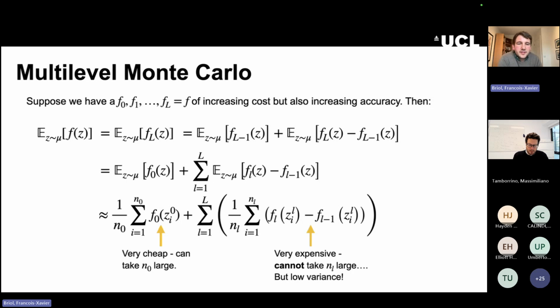Now, the thing that's interesting about these terms is that they're always differences of two consecutive functions. And since they're all approximations of the function f, consecutive approximations will tend to be quite similar. So you can think of FL minus FL-1 as being very close to zero, morally zero. It's not exactly zero, because it's a difference between different levels of approximation, but certainly it's going to be a very small quantity.